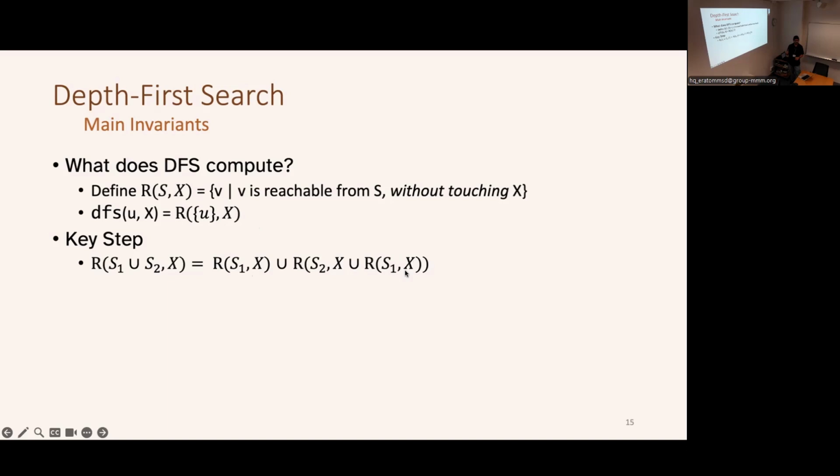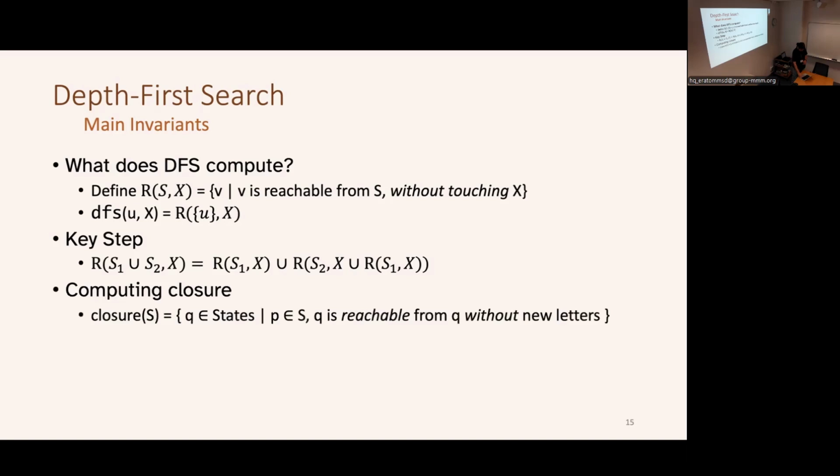And this is the key idea behind how DFS operates, mainly that we are always allowed to ignore the states that are already visited, and this idea can be encapsulated with this particular equation.